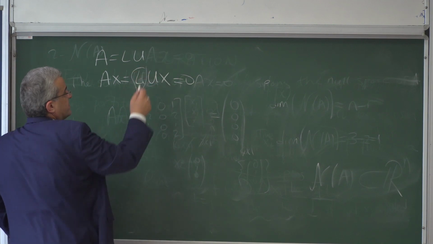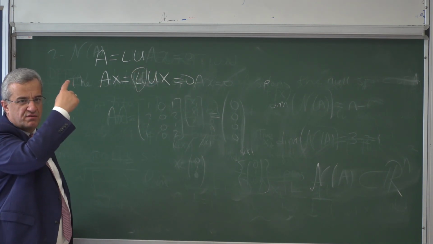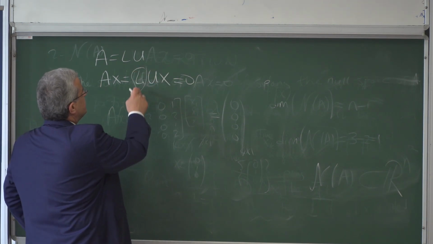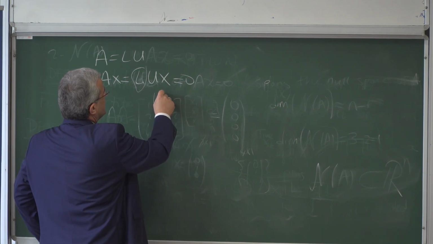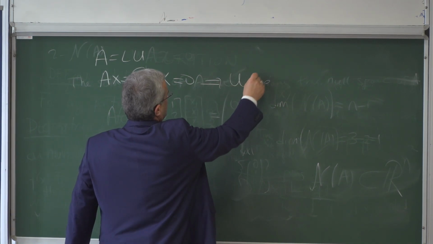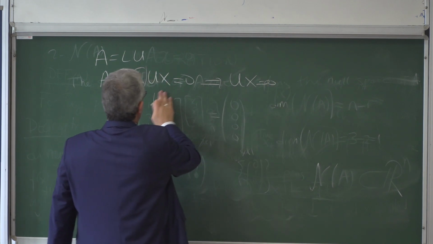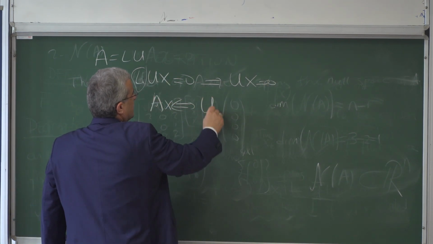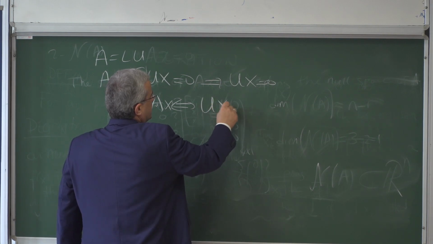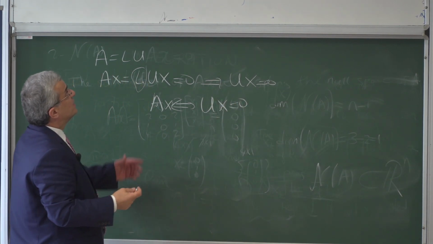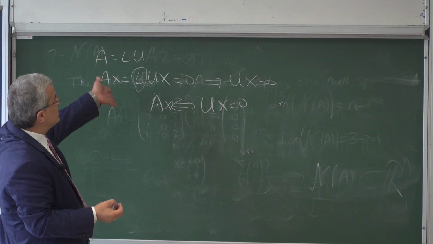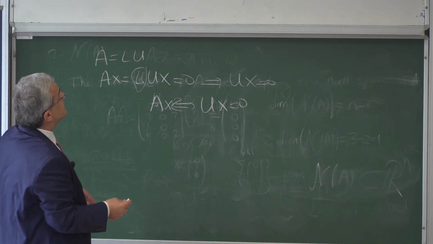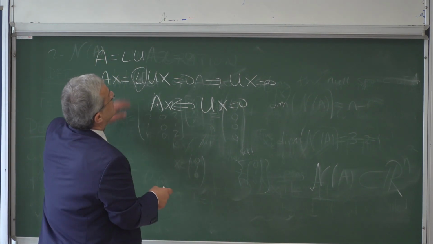Since L is always a lower triangular matrix with ones on the diagonal, that means this is invertible. Therefore, this means UX is equal to 0. So AX is equal to 0 if and only if UX is equal to 0. Therefore, we don't need to go back to A for the null space. We just look at that one, okay?